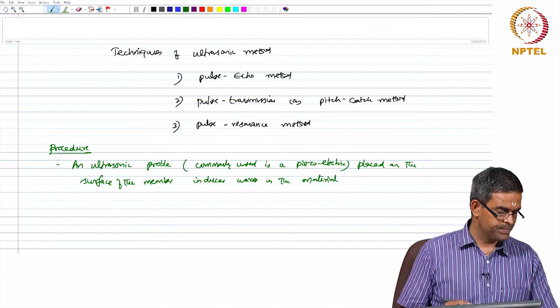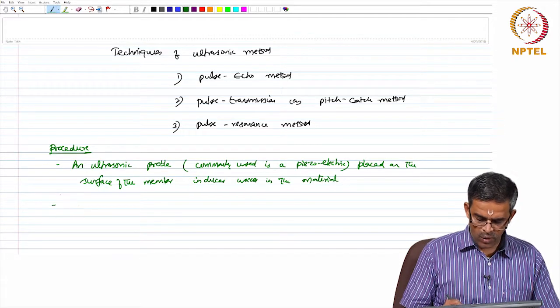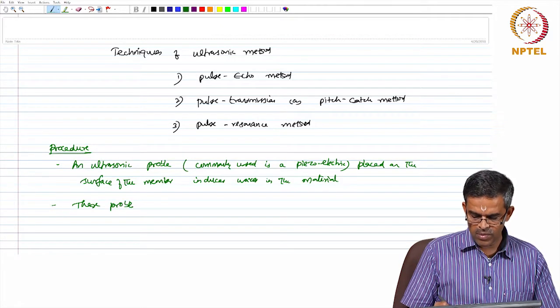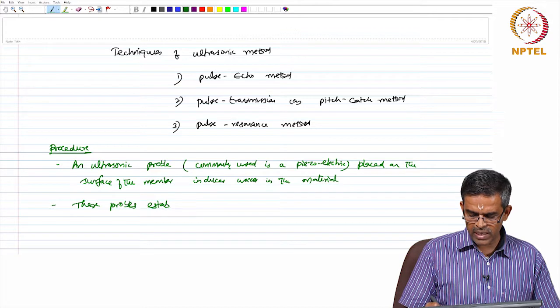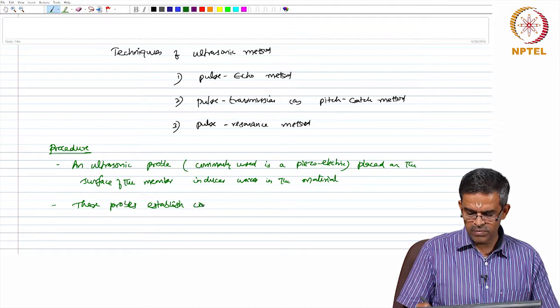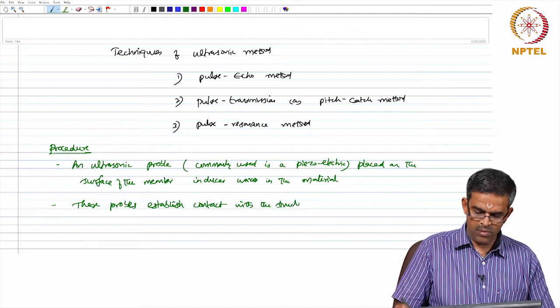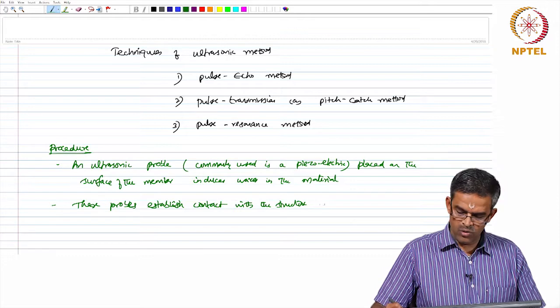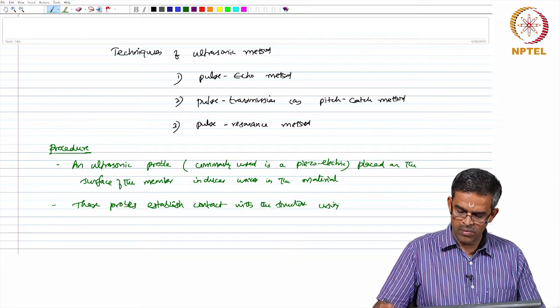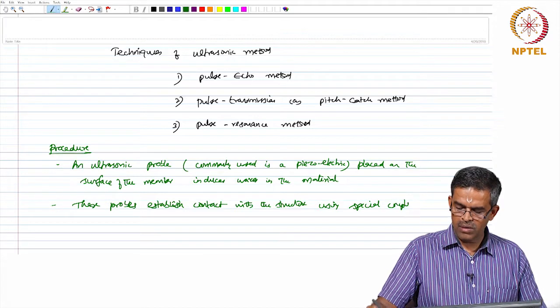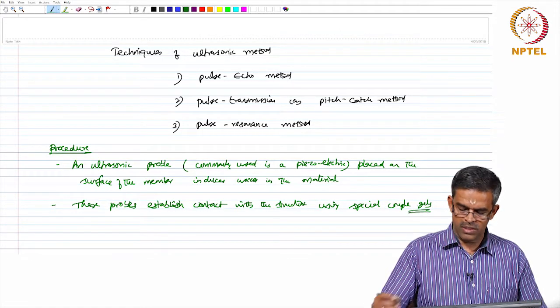Now, these probes establish contact with the structure using special couplant gels.